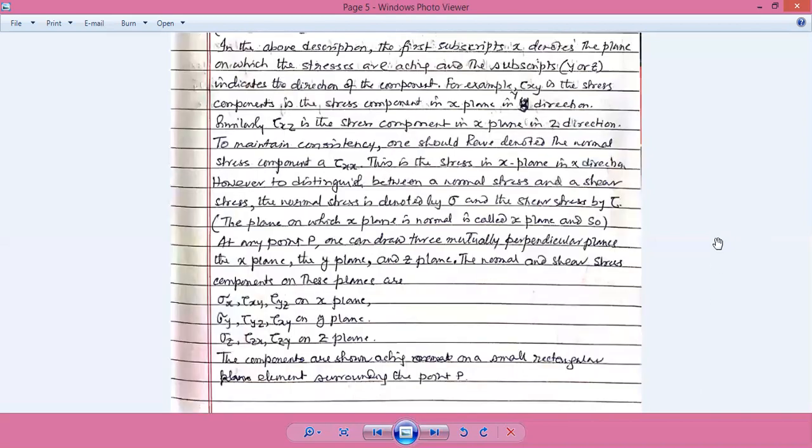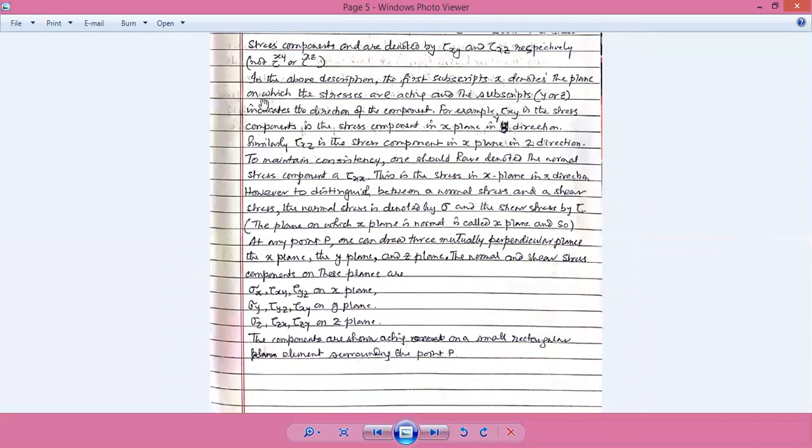In the above description, the first suffix x denotes the plane on which the stress is acting, and the second suffix y or z indicates the direction of the component. So tau xy is the stress component in the x plane, acting in the y direction, because this shear stress acts along the plane, not normal to it.